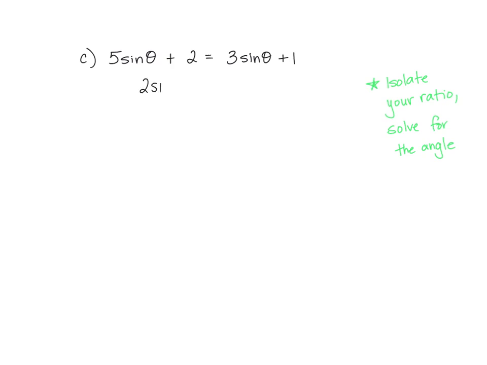So we have 2 sine theta equals -1. So sine theta is going to equal -1/2. We recognize a ratio of 1/2 gives us a special triangle. Sine is negative where our opposite side is negative, which means we have a terminal arm in quadrant 3 and quadrant 4.